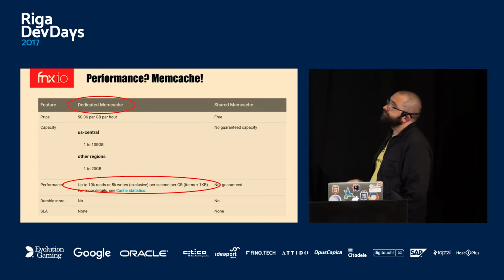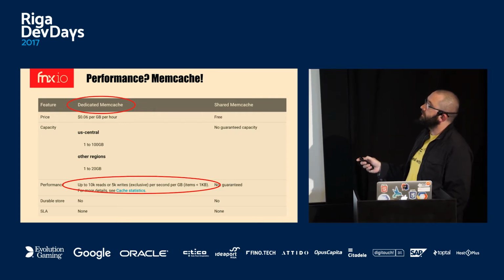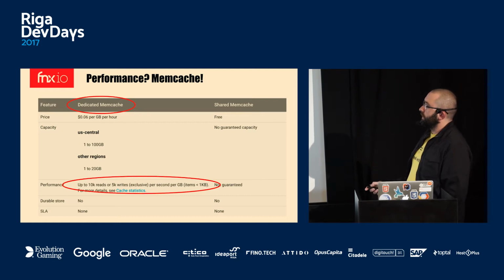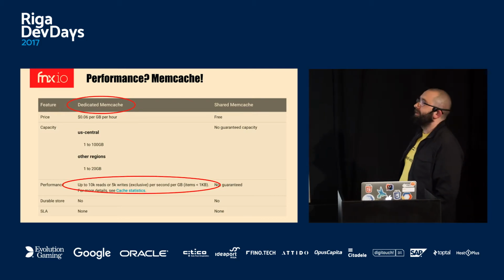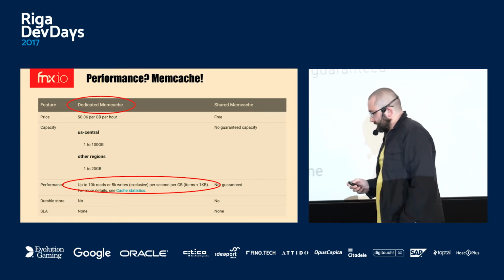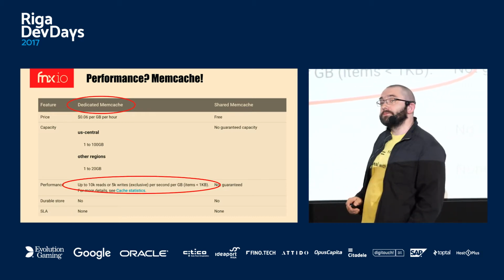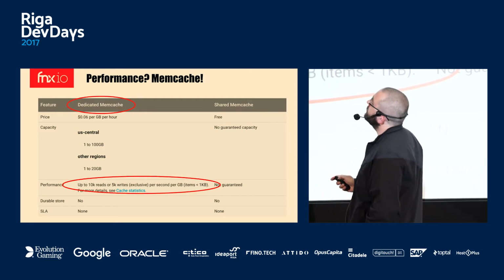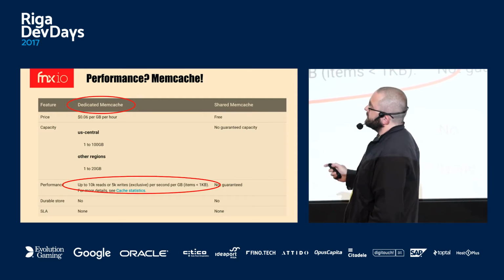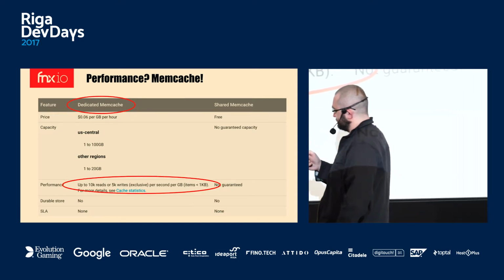Performance. Basically, the memcache is for free, but no guaranteed capacity, no guaranteed performance, nothing guaranteed. It works, they give you some memory, but if you are feeling that your application might be a little faster, try dedicated memcache, especially when you are using Objectify and writing and reading through memcache.